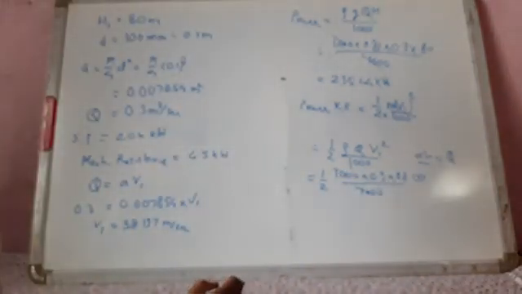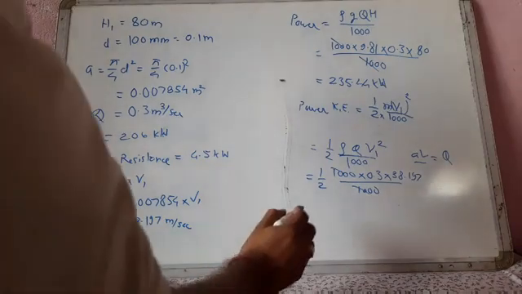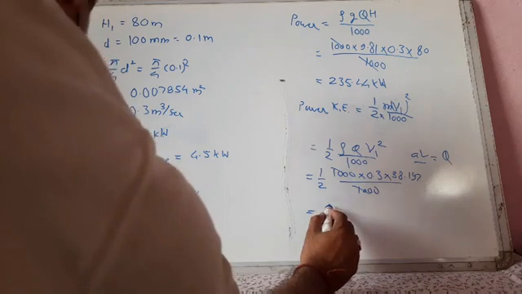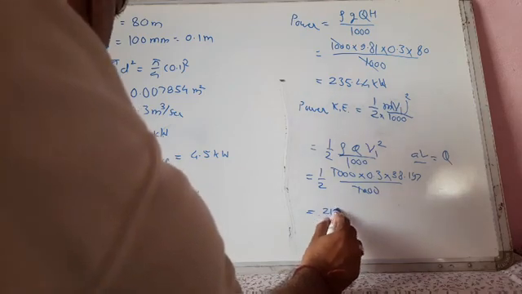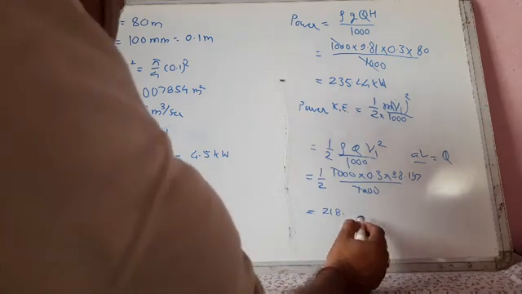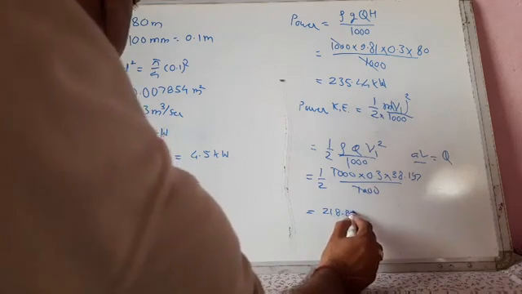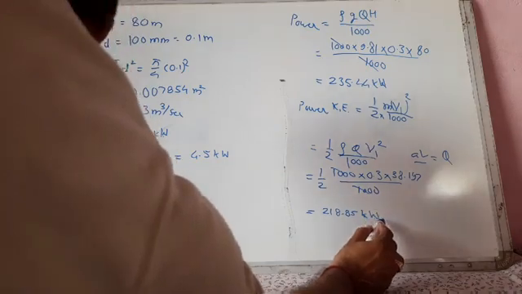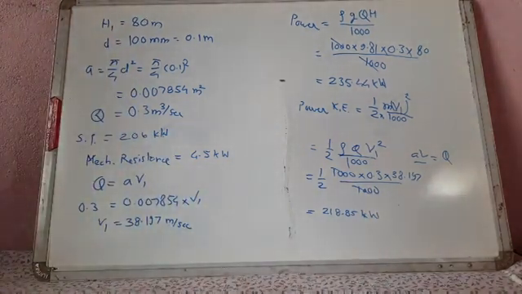Cancelling this 1000, the power corresponding to kinetic energy comes 218.85 kilowatt.